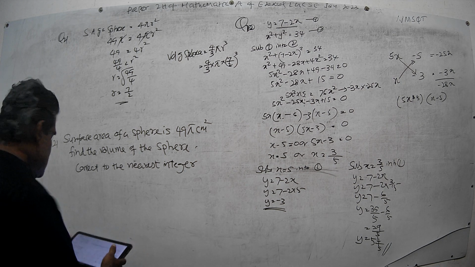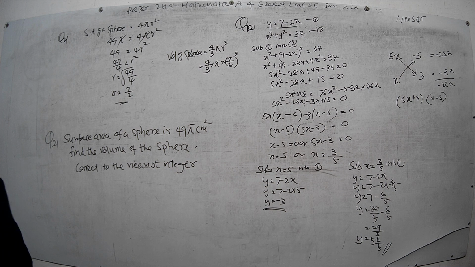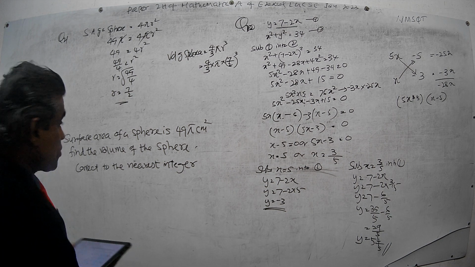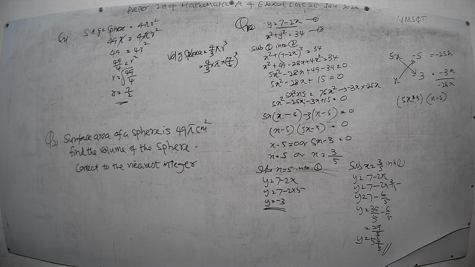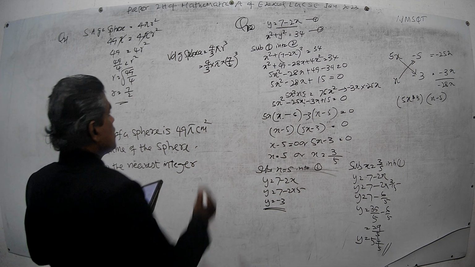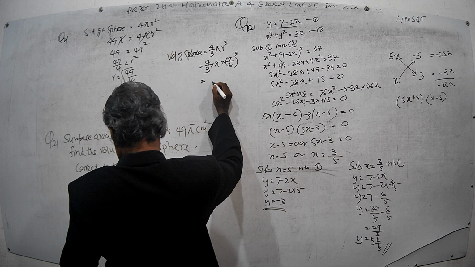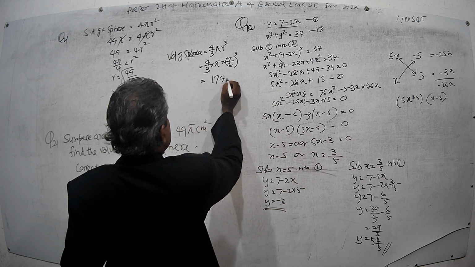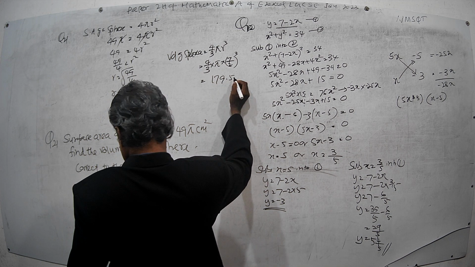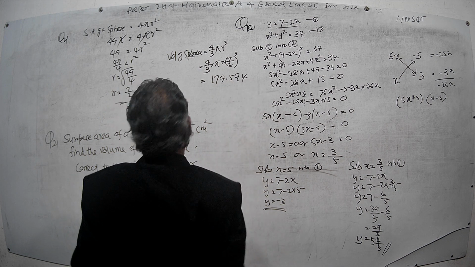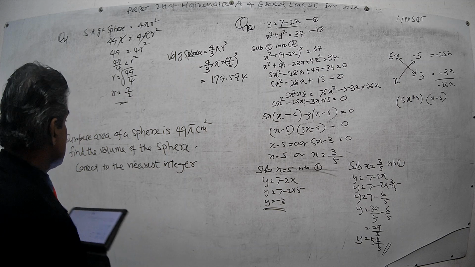Answer is 179.594. They asked for the nearest integer here.